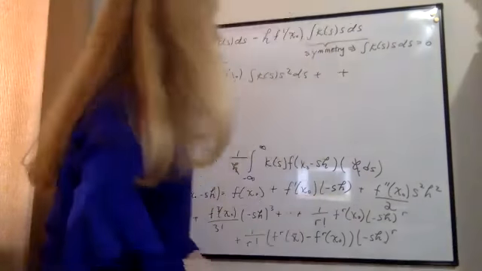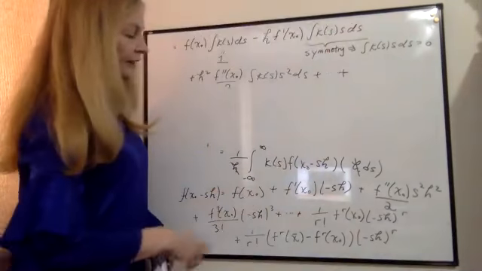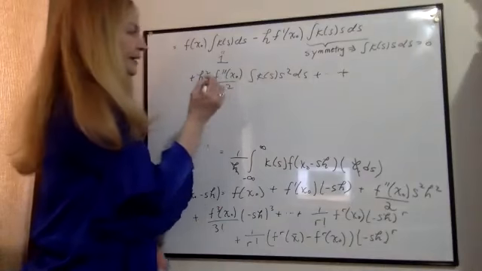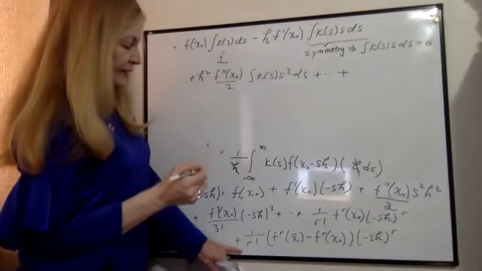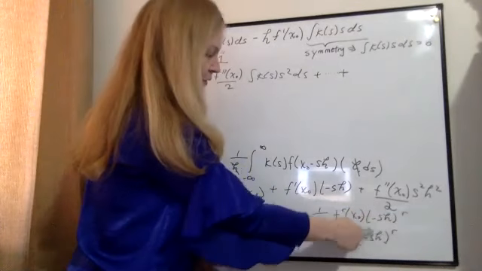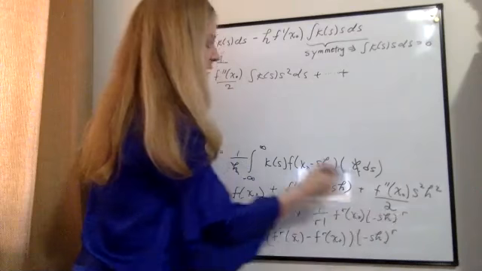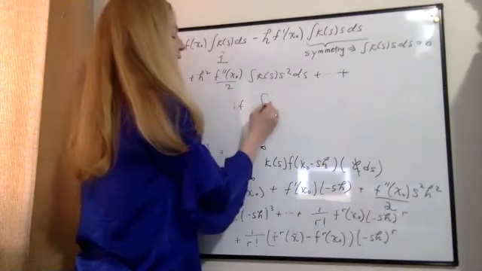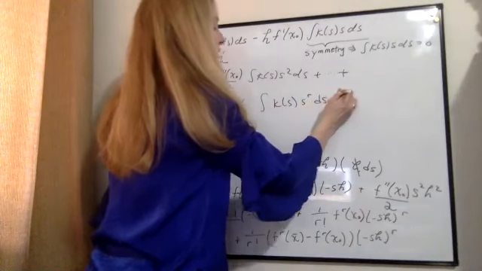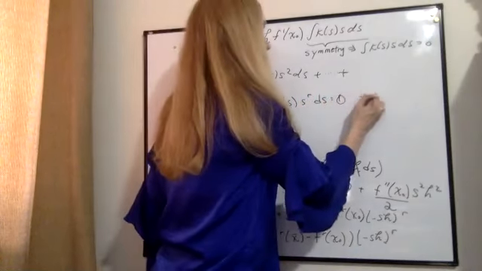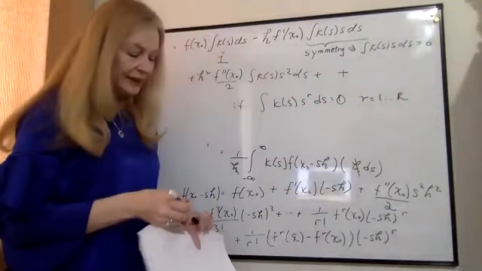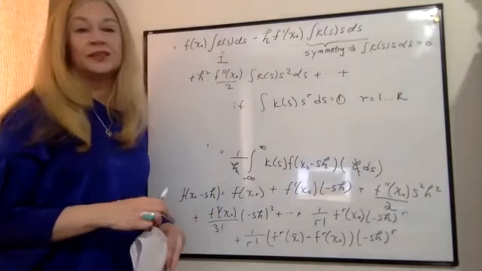By general, I just mean you might have more terms. If you were able to kill the bias for more terms, you could get the bias down to h squared, or sorry, h to the r. Like if you had the integral of K(s) s to the r ds equals 0 for little r equals 1 to capital R, but that would require using a strange kernel.